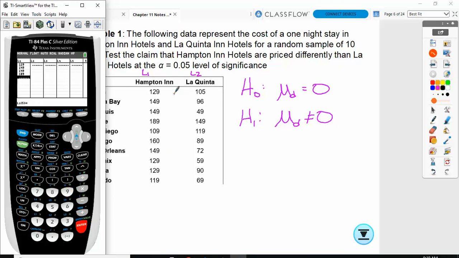It is important to put these in order because these are related, so the first one has to be the same in both.